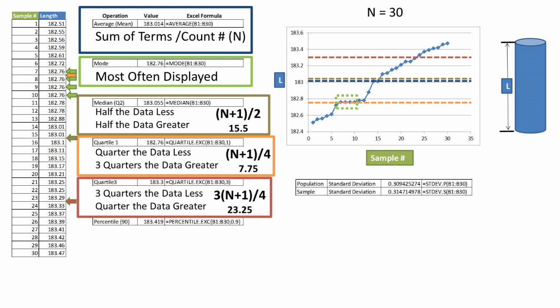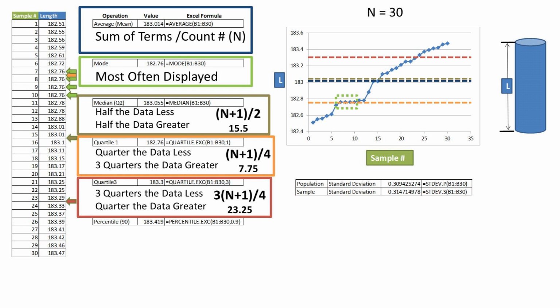The third quartile is where 3/4 of the data is less and 1/4 of the data is above. The third quartile can be found by taking 3 times n plus 1 divided by 4, or 0.75 times n plus 1 to get the place. The place once again falls between 2 values at a 23.25 place. So if we're calculating this out by hand, I'd be taking the average of the two values.